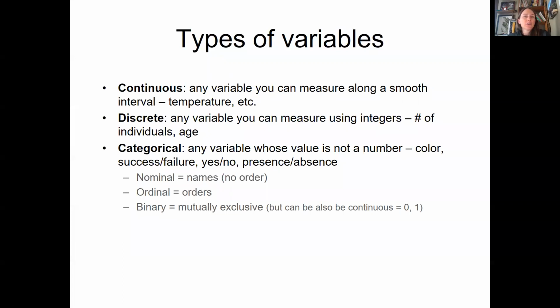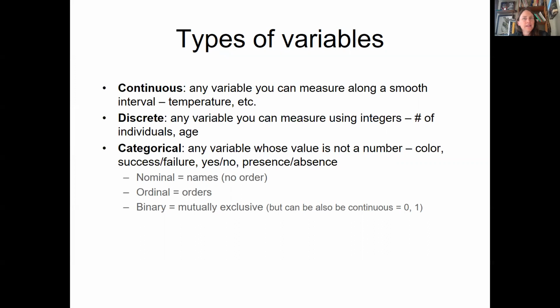And these are variables that are not numbers, things like colors or successes and failures, yeses and nos, presence and absence. And categorical variables can be nominal, just names with no order. They can have an order to them and be ordinal, or they can be binary. Now, binary variables can also be continuous, especially if you've studied computer science. One of the most famous binary variables is 0 or 1, right?